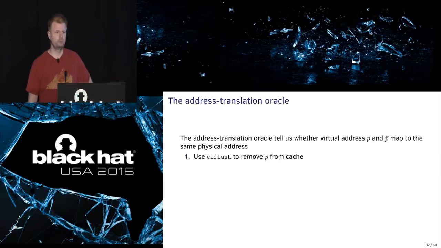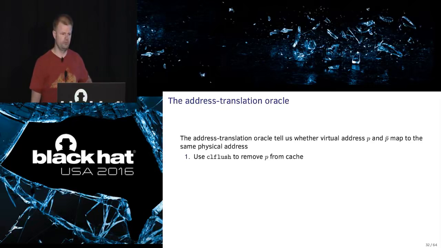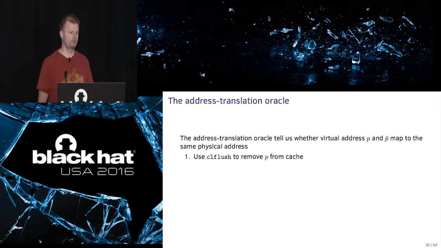So that leads us to the next attack primitive that we have. We call this the address translation oracle. The address translation oracle is there to determine whether a virtual address, P, and another virtual address, P bar, map to the same physical address. The way this works is that we first flush P from the cache.